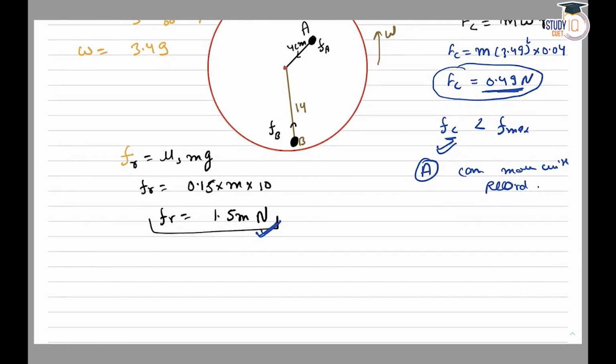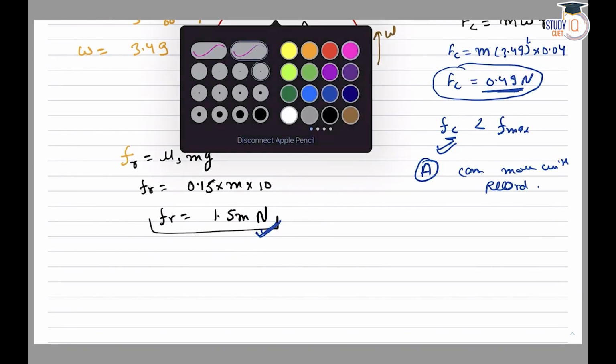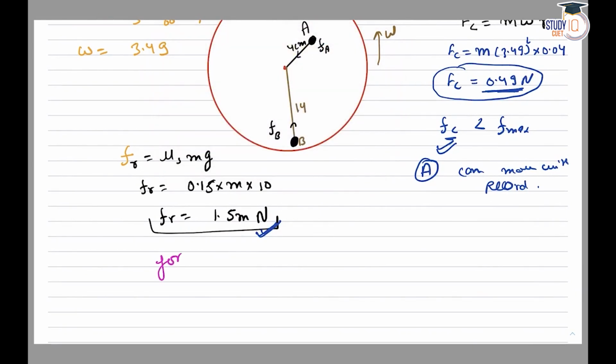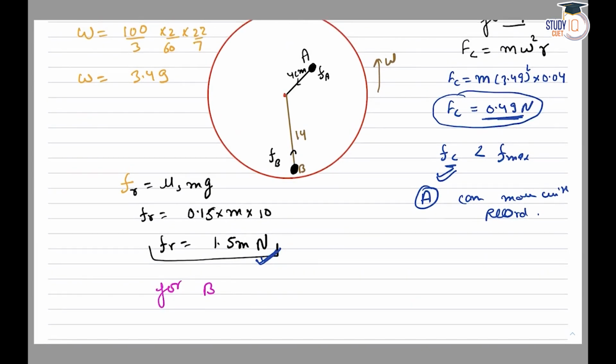Now talking about B. For B, if we want B to move in a circle, centripetal force is required for circular motion. The centripetal force for B is given by m omega square into the radius of B. The mass is the same for both, and omega is the same, equal to 3.49, into the radius.